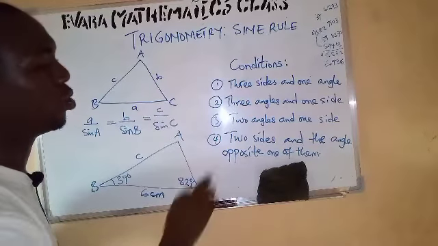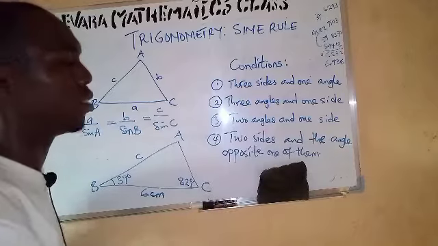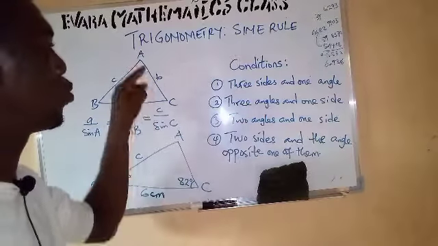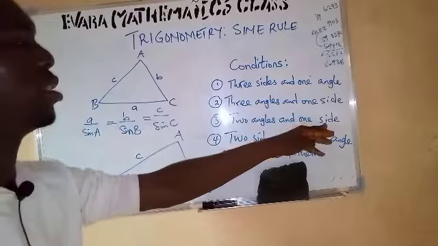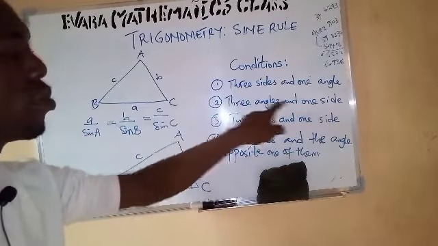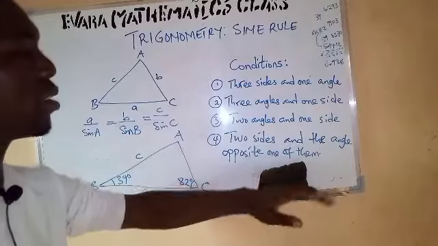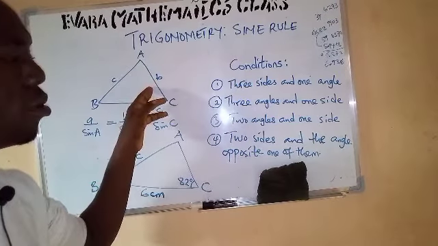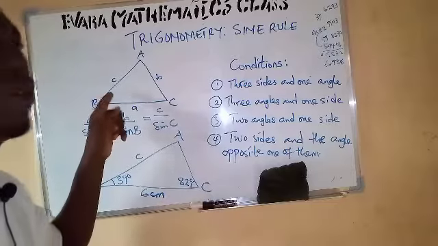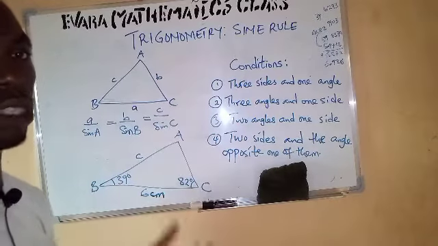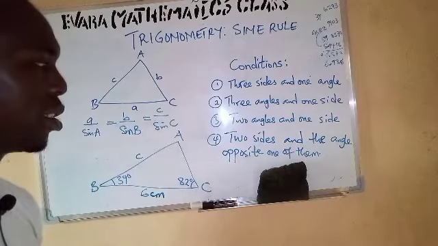The third condition is two angles and one side. If you have the values of two of these angles, this is similar to when you have the three angles, in the sense that if you are given two angles, it is easier for you to get the value of the third angle, because we know that the sum of angles in a triangle is 180 degrees.